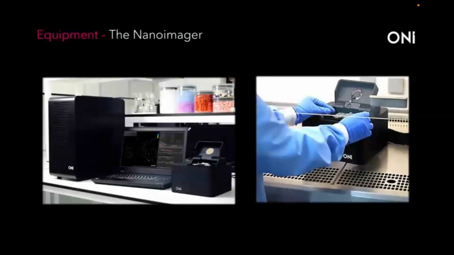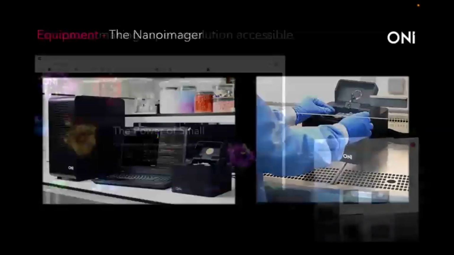It fits onto any conventional benchtop. It does not require its own darkroom or stabilization table or anything like that. And despite being extremely high-powered, and actually more high-powered than many of the competitors on the market, it is very straightforward to use. And so it doesn't come with many of the difficulties of use that I already described.